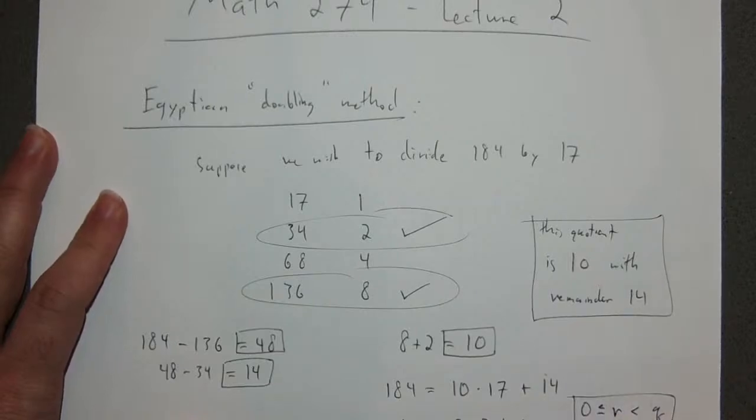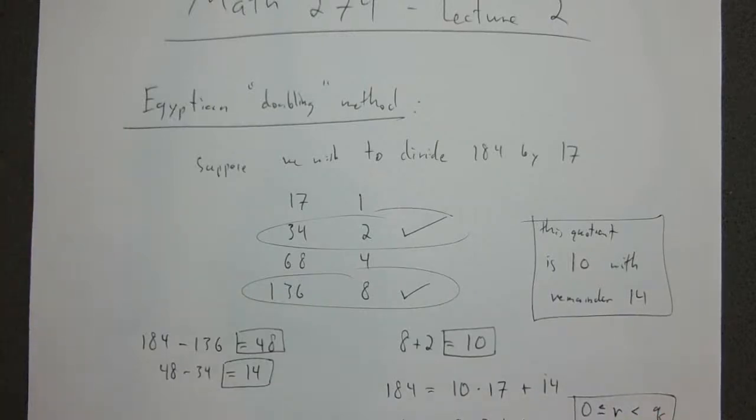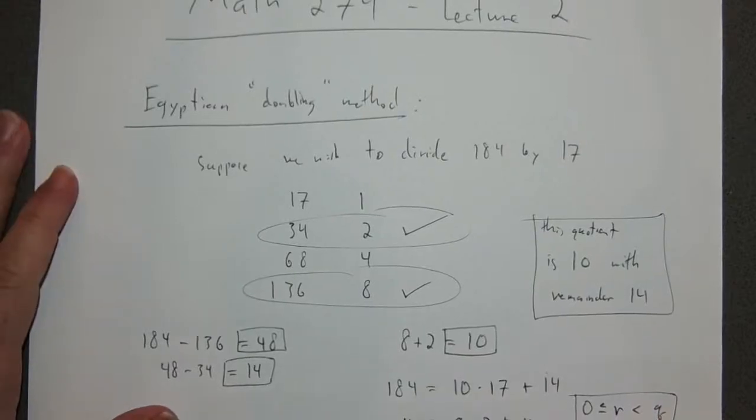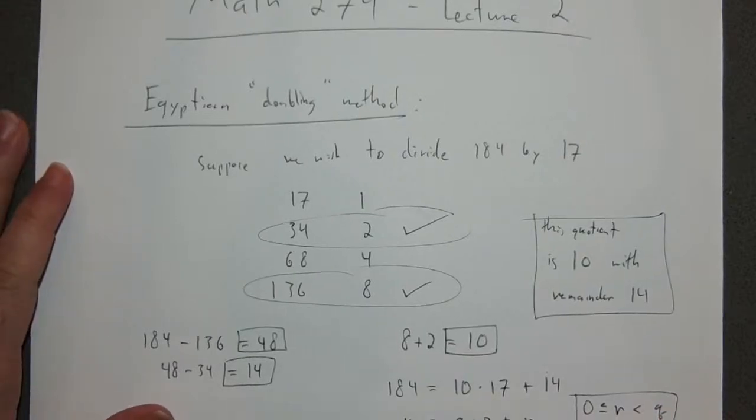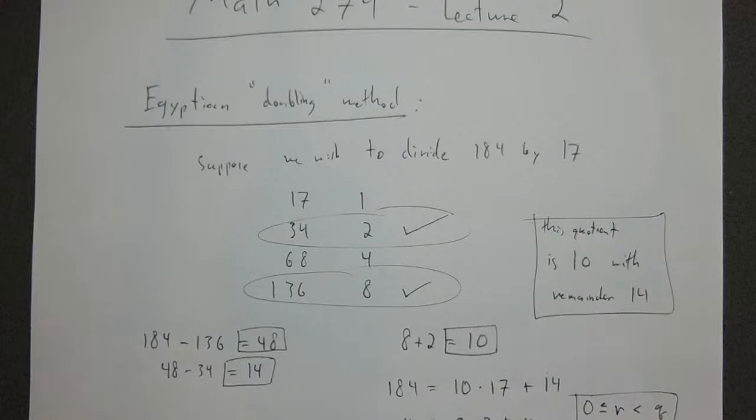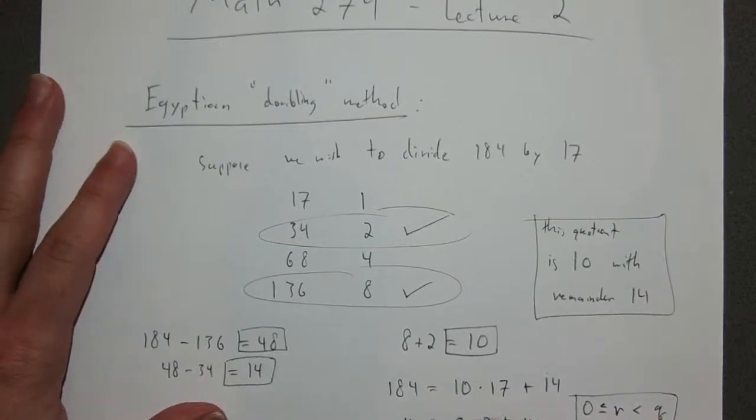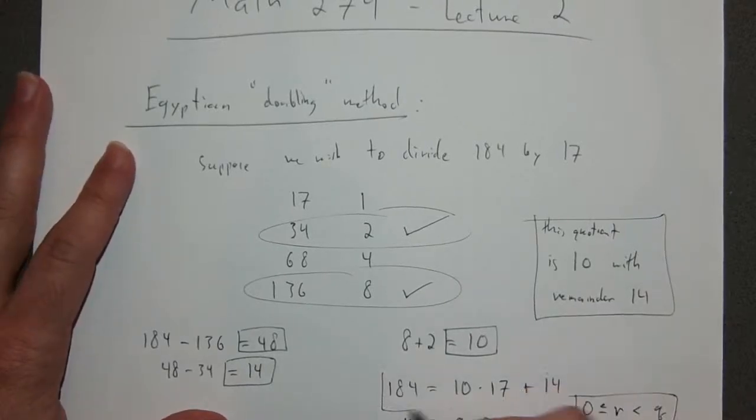So a remainder could be 0, but a remainder definitely needs to be strictly less than q, because if it were bigger than that, then I could redo this. I could regroup what is written here.